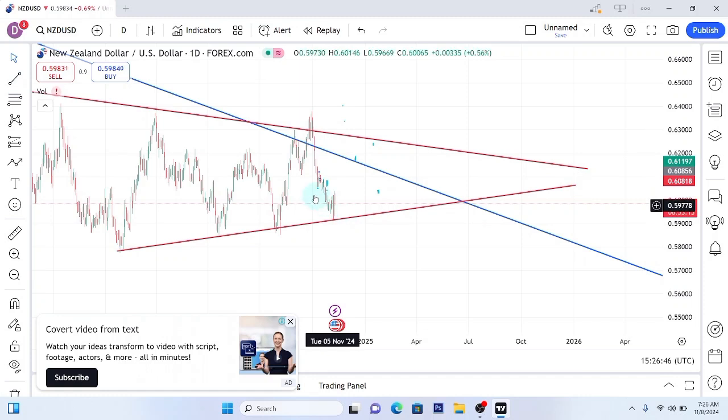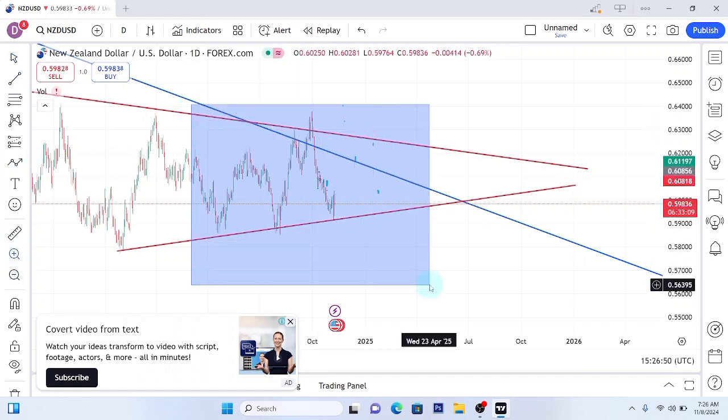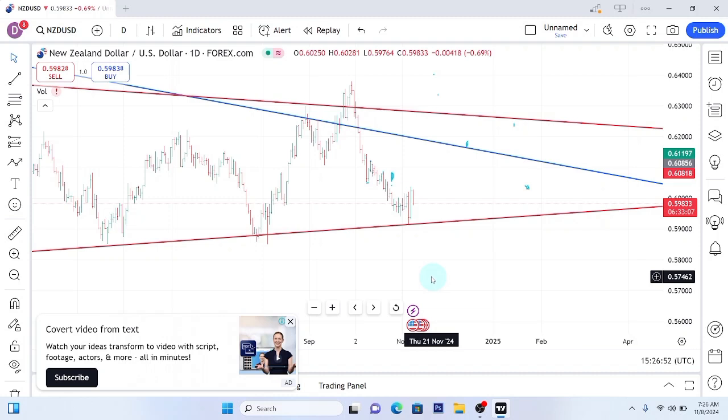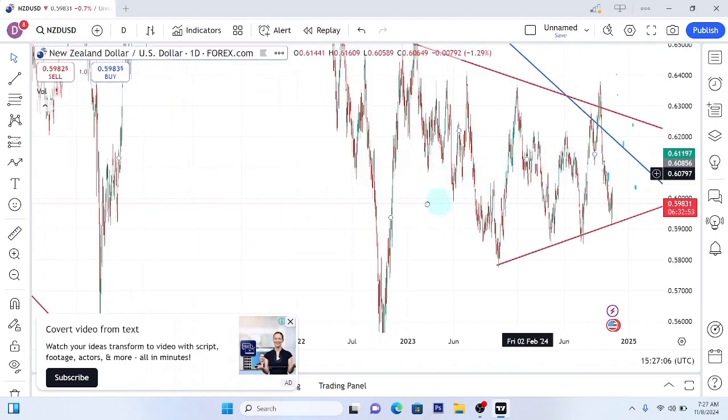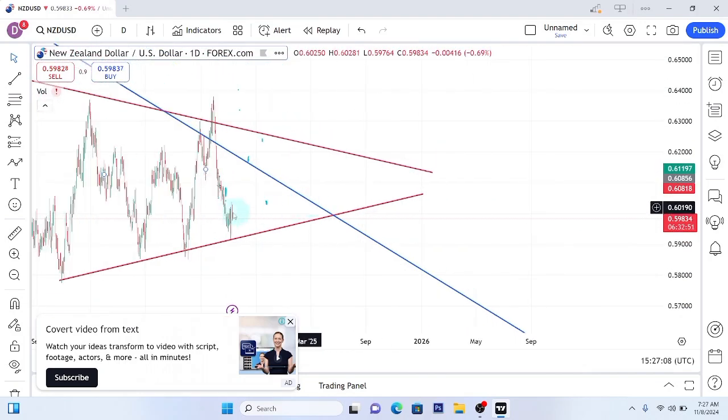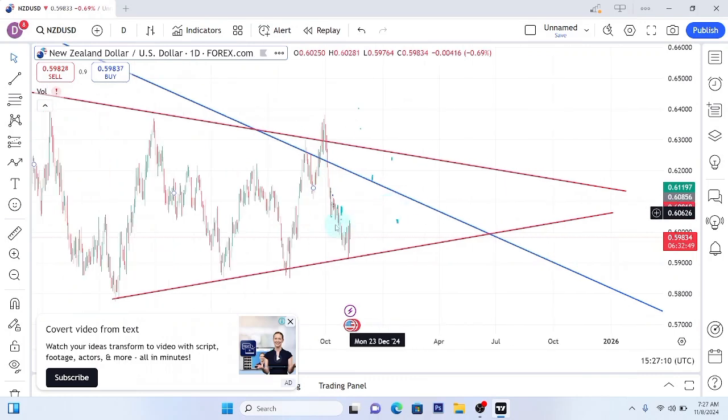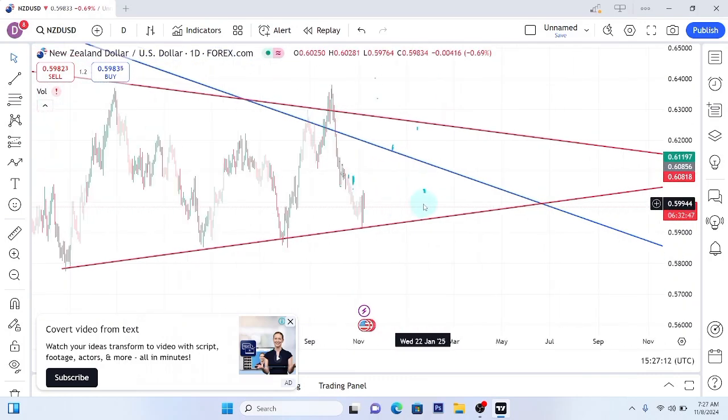Looking at what we have here, how do we take an entry on this daily chart?